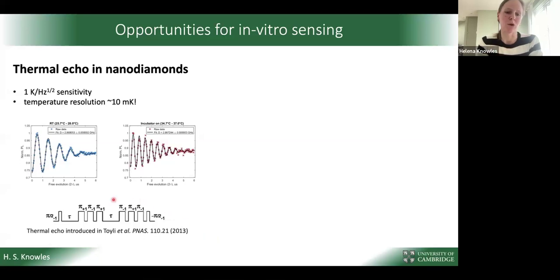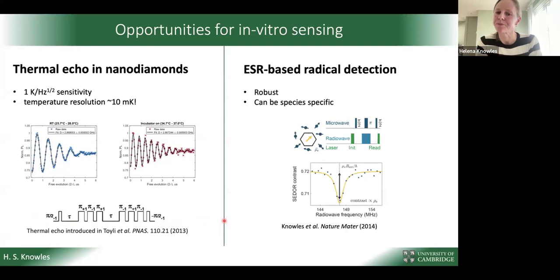It relies on a slightly more complex train of pulses than the simple ODMR, optically detected magnetic resonance, but it does allow for much better temperature resolution. So if we're really trying to resolve whether mitochondria actually raise the temperature in their vicinity inside cells, this could be a very promising way to go.